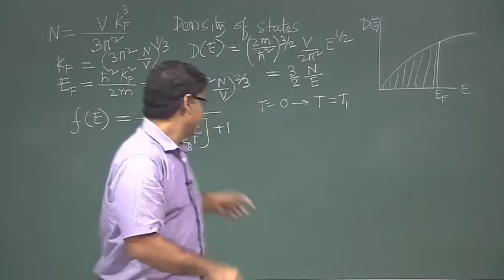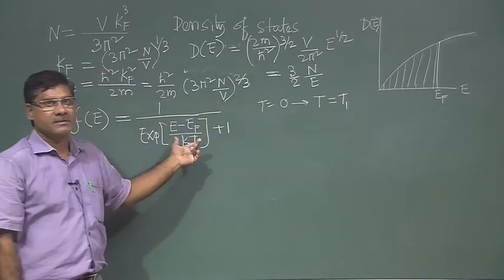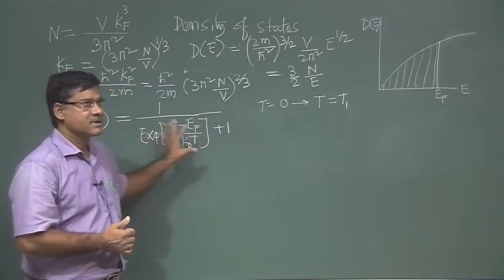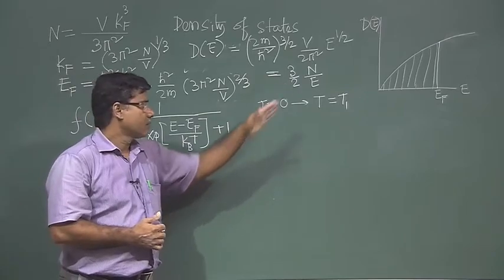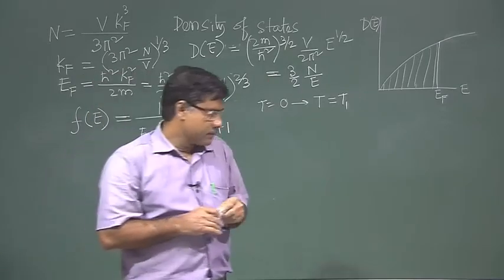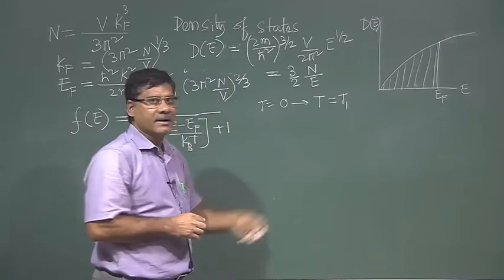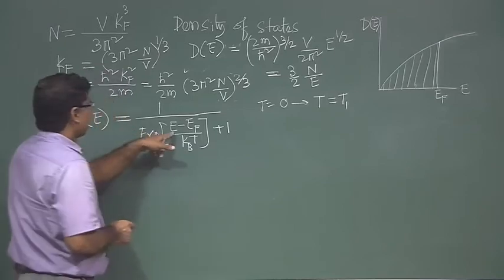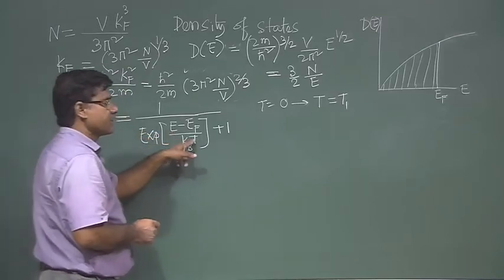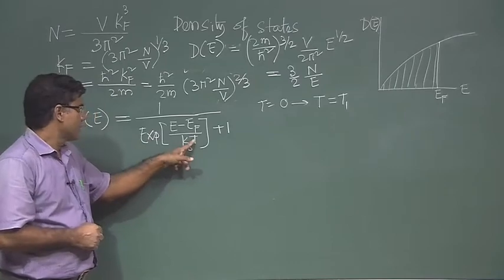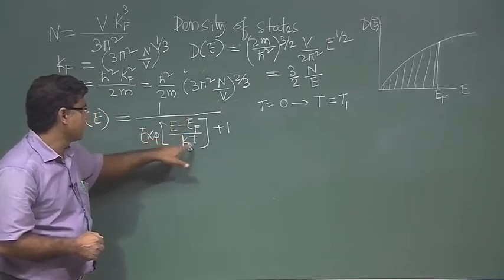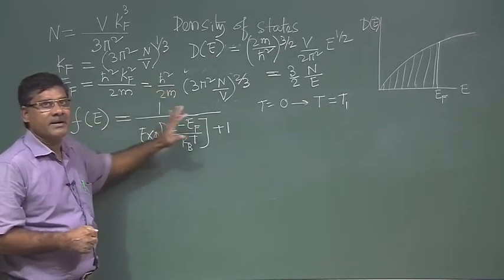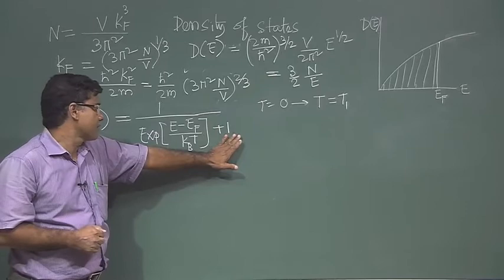Okay, so that is the Fermi-Dirac distribution. If temperature exists for the system, it is not at T equal to 0, then following this distribution one has to find out the electrons in different energy levels. From here you can see that when T equal to 0, this is infinity, so this denominator is infinity. So 1 by infinity is 0, right.